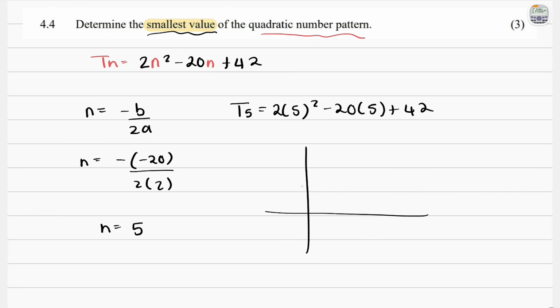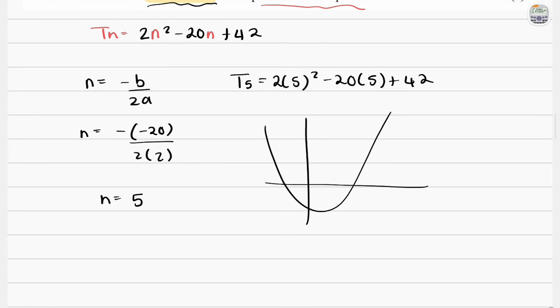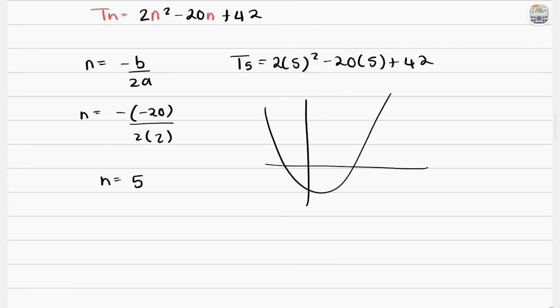In a nutshell, what we're doing is we have our parabola, wherever it is, and only the middle is negative. So with this, we know that it happens where n is equal to 5. That's the x value, but we want the y value, and that's all we're doing. We're substituting x equals 5 so that we can find the y value that corresponds with this.